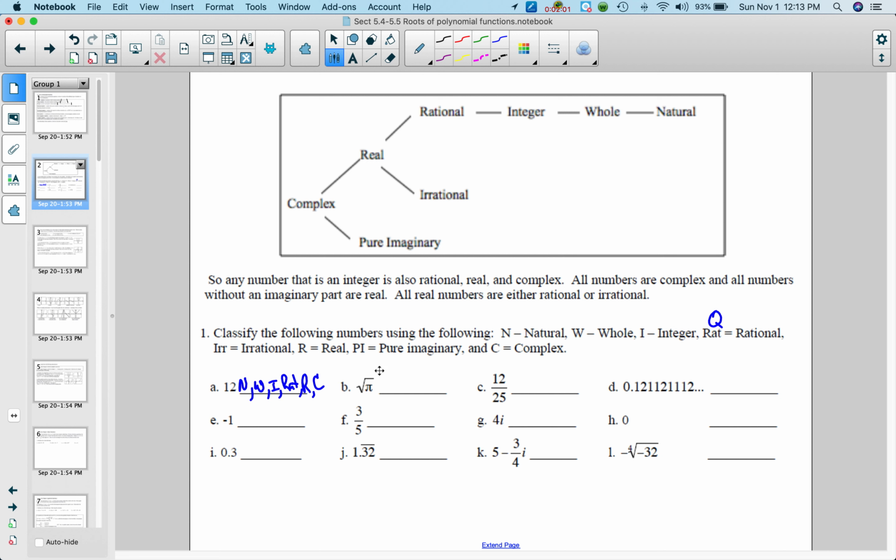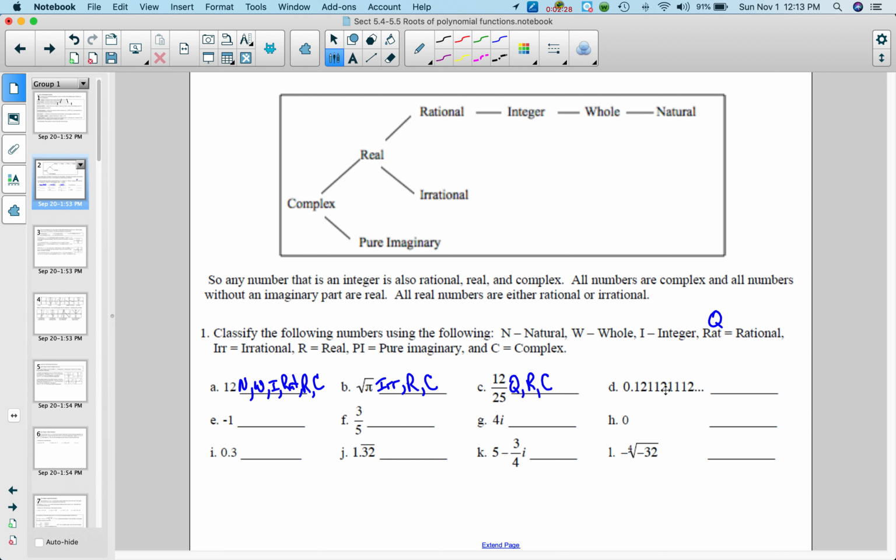I'll just leave it with the irrational. So the square root of pi, it's not rational. It's irrational, it's real, and it's complex. 12 over 25 starts here at rational, so it's rational, real, complex.